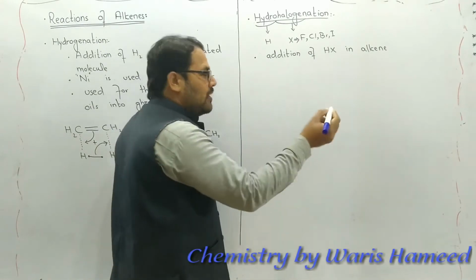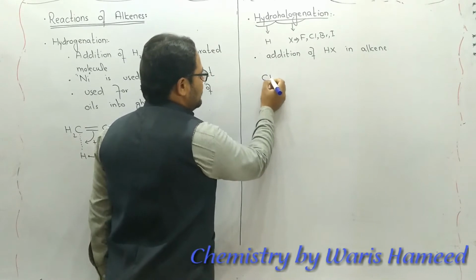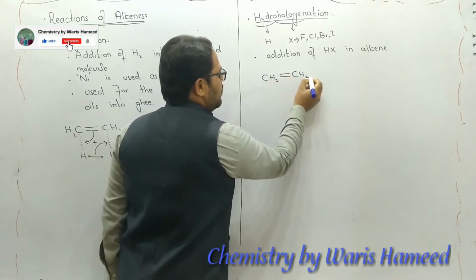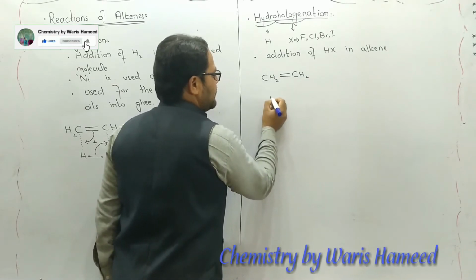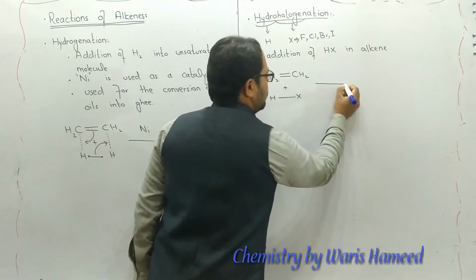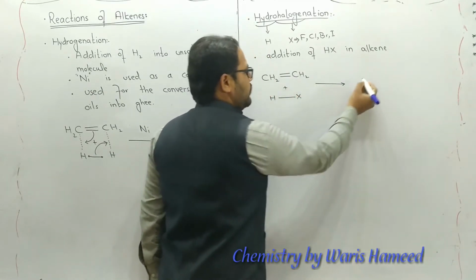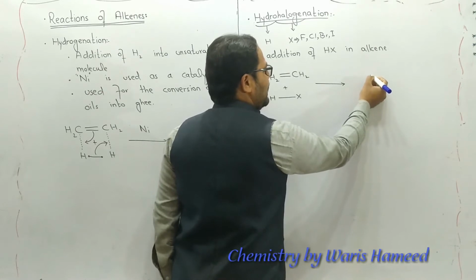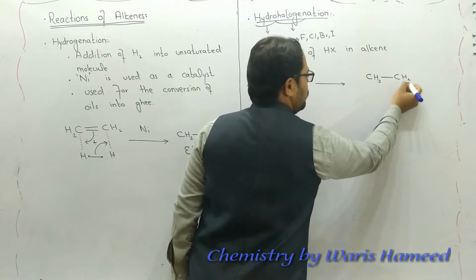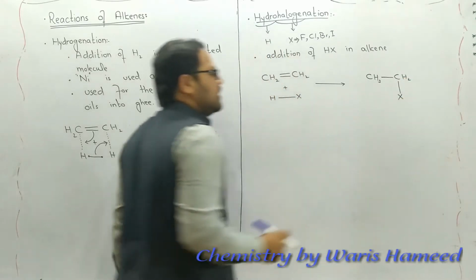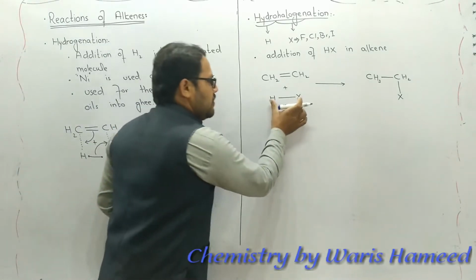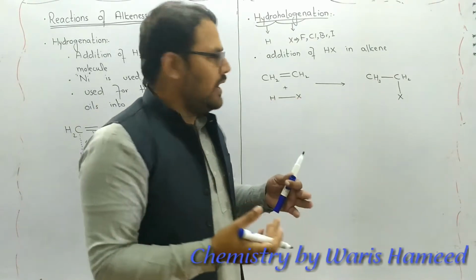Now going toward the reaction, it's ethene, and we are adding HX. It will convert into alkyl halide, CH3 single bond CH2, here will be X. How is it converting into alkyl halide? We know that halogen is an electronegative atom.